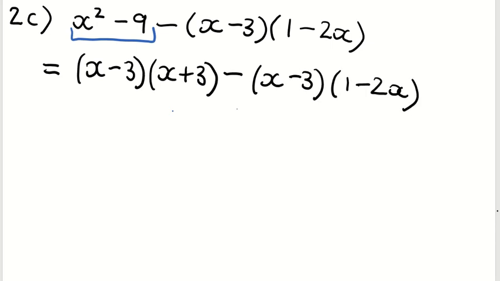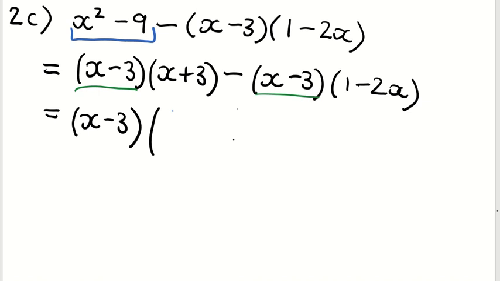Now you guys can see that we have actually now created something similar. Because now the x minus 3 and the x minus 3 over here, they have something in common. They are the same. So we take out that as a common factor. So now if we take out the x minus 3 as a common factor, what are we left with?